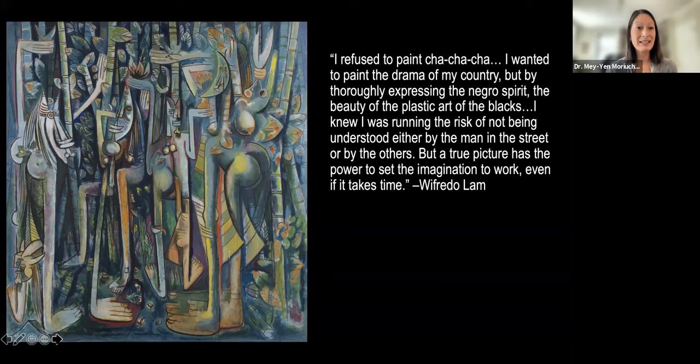We get that sense through his composition. Now there are elements of the composition, like the horse mask, for example, on the left-hand side, that I will refer to and make some additional thoughts on in just a few slides.